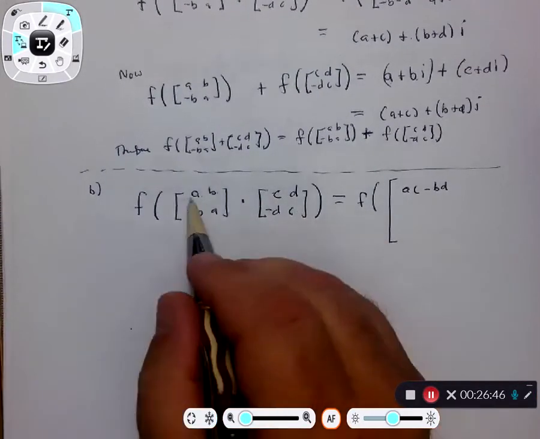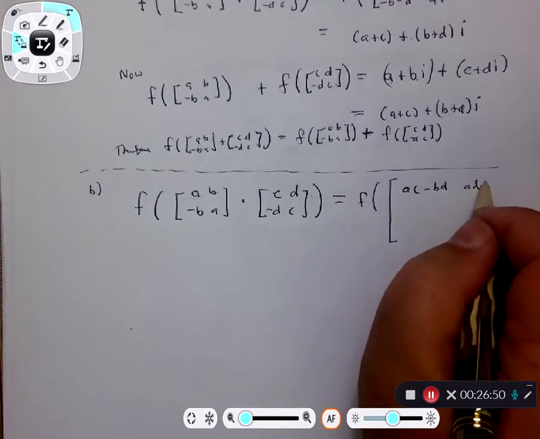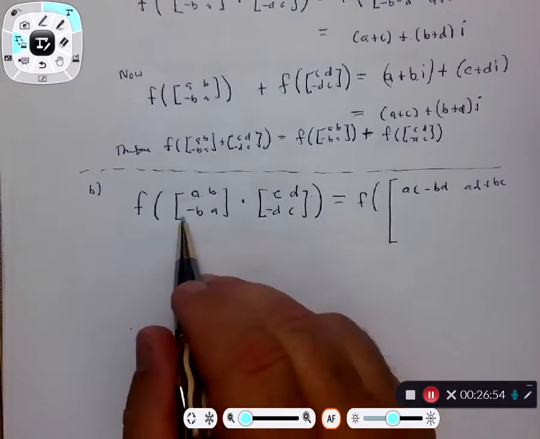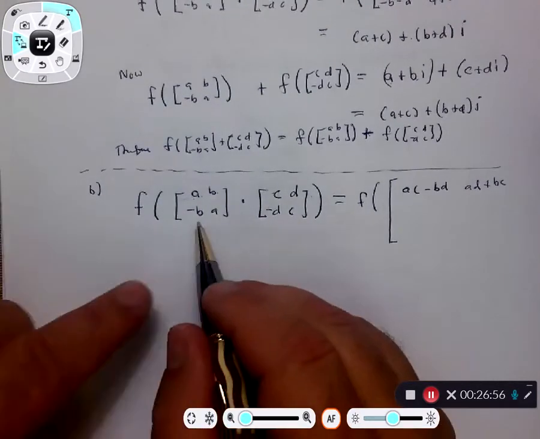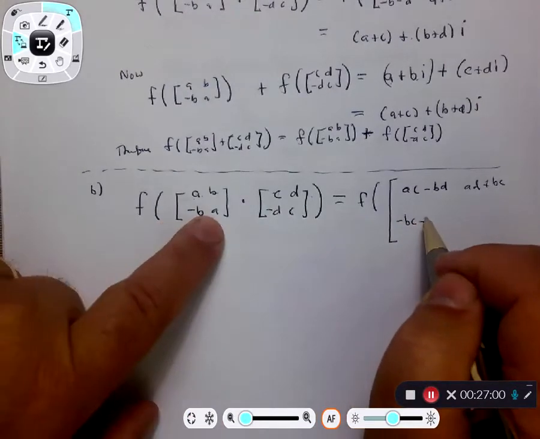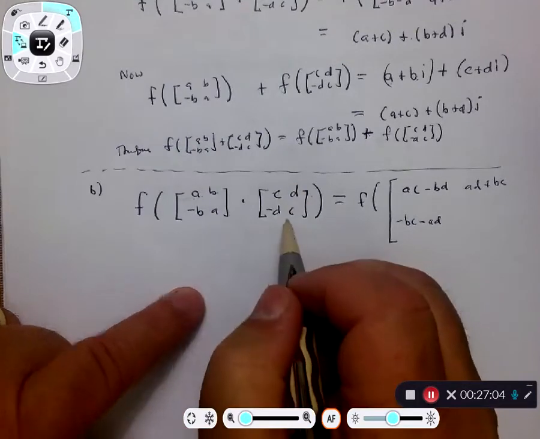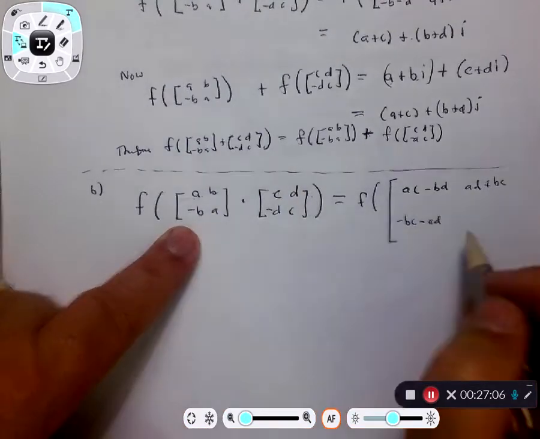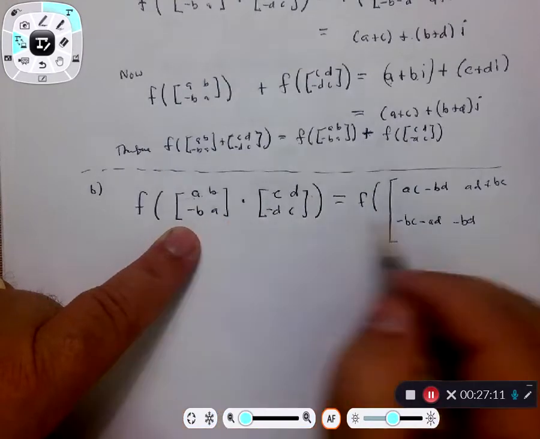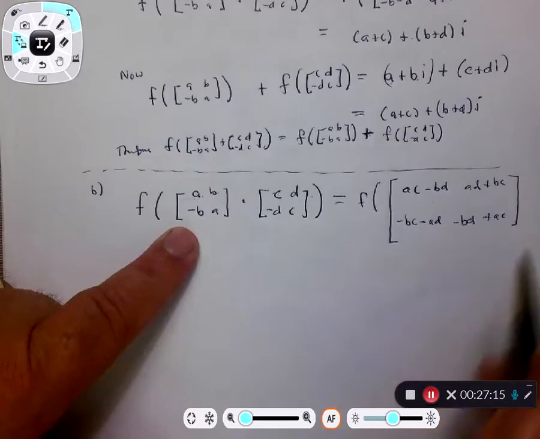First row, second column, A times D plus B times C. Second row, first column will be minus BC minus AD. And then second row, second column would be minus BD plus AC. Remember, all A, B, C, and D are real numbers here.